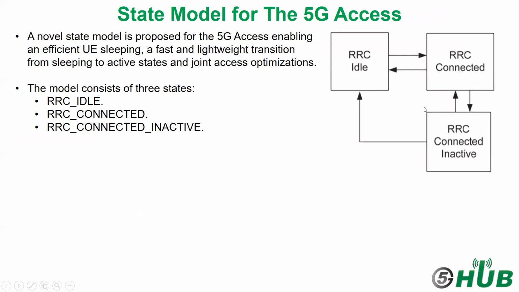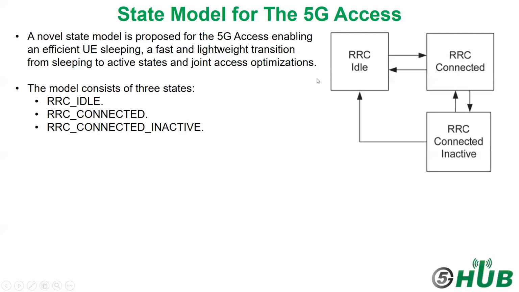So the state model for 5G, as you see here, will be the traditional idle state and connected state like 4G. But the difference here is the new state called RRC connected inactive. The discussions on RRC state machine design for 5G system have been held in 3GPP, and one of the objectives is to reduce the control plane latency, to lower the latency of the first packet transmission and achieve a seamless RRC state transition.